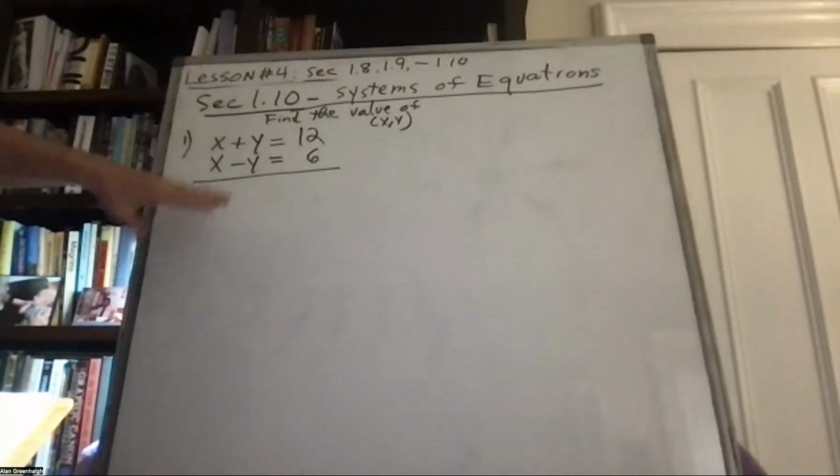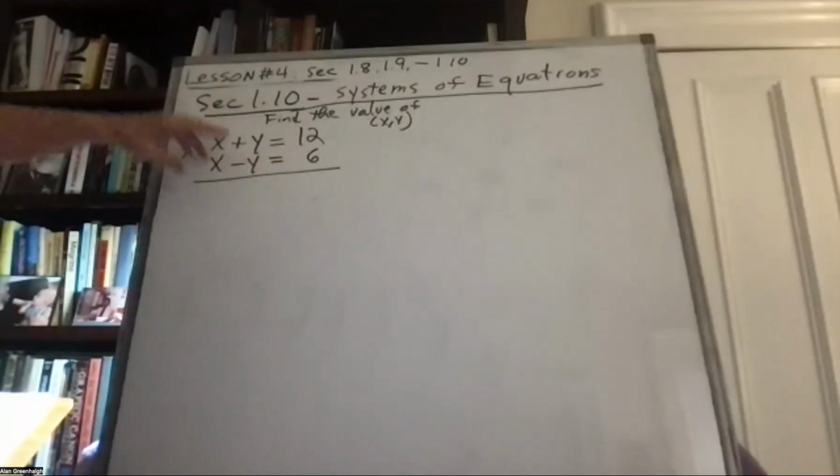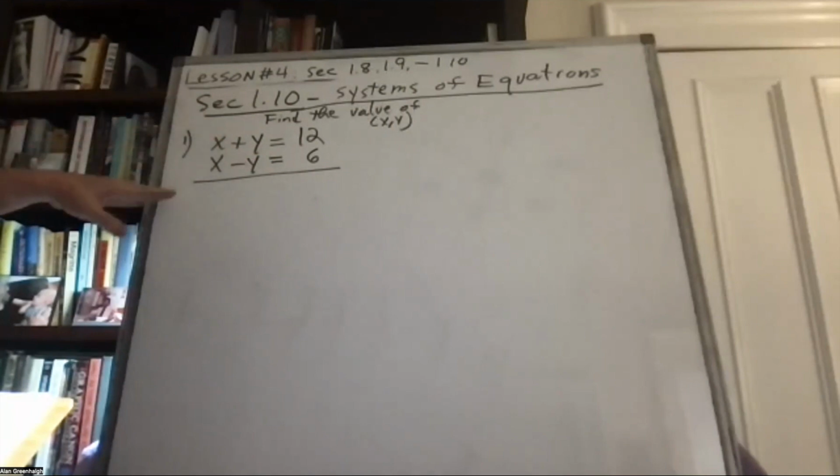What you're going to do is try to get this system to drop one of the variables so that you only have one of the variables.